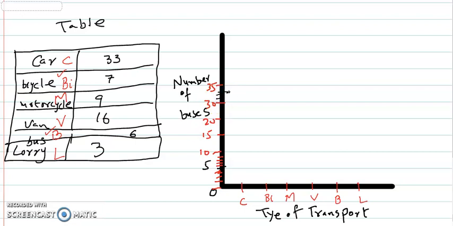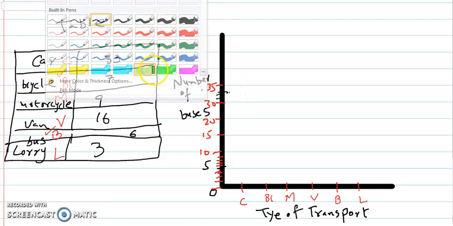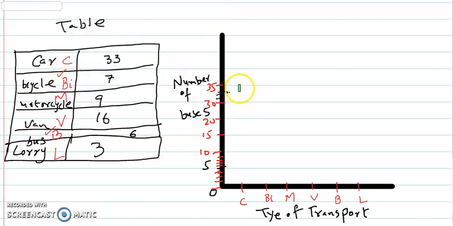So I will draw a bar from here which will give me an approximate of 33. So this is going to be the bar here.